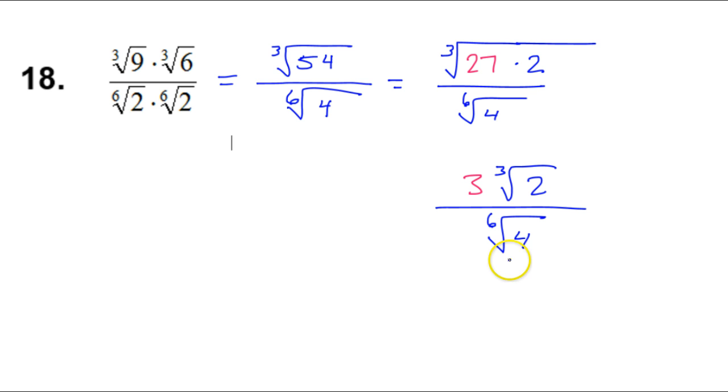Now that would be the end of the road using our normal techniques, but I think there's something special that we can do. It turns out that you can reduce radicals and exponents. So say I had the 10th root of x to the 8th power.